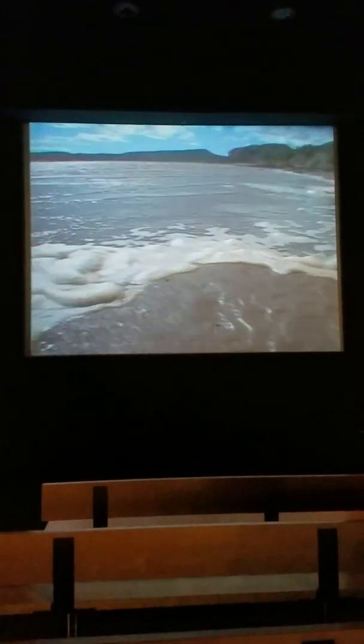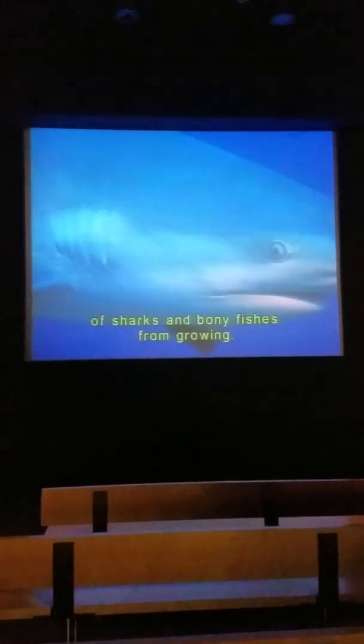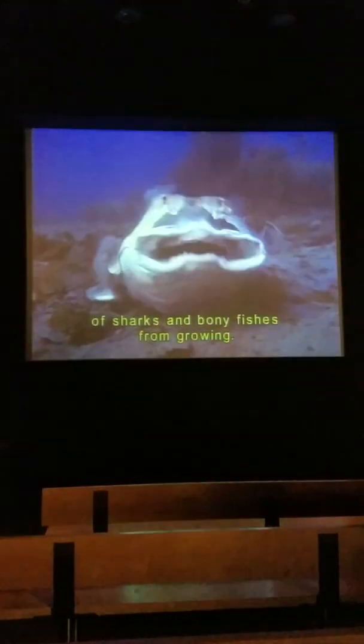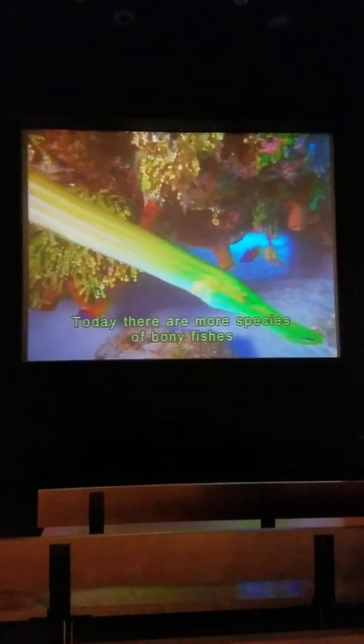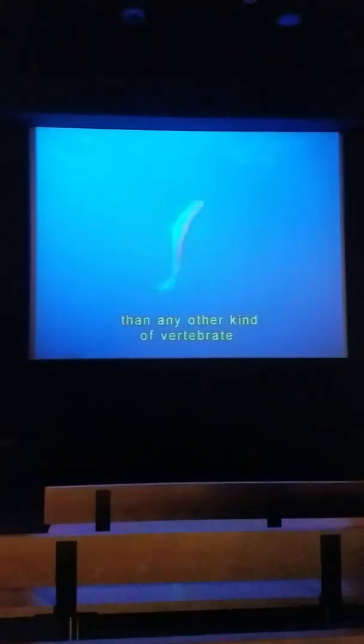It's possible falling sea levels put stress on their coastal habitats. But that didn't stop the variety of sharks and bony fishes from growing. Today, there are more species of bony fishes than any other kind of vertebrate.